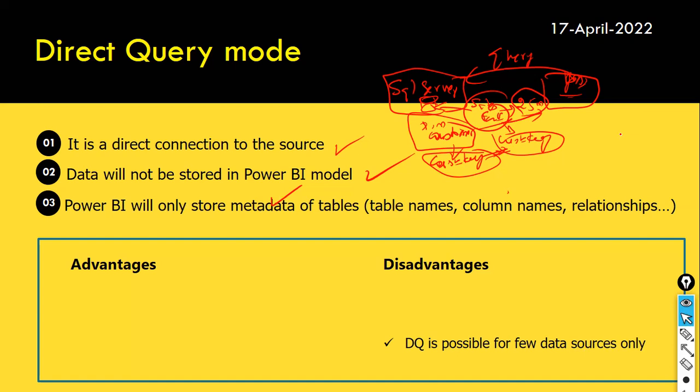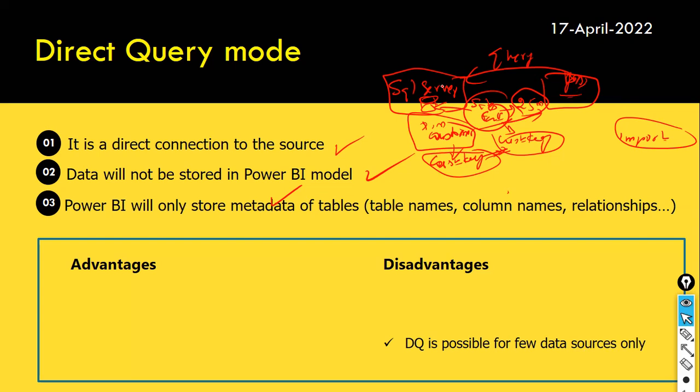Then don't go for import, because it requires more storage space in your Power BI, and it takes longer to load the data. Rather, use the direct connectivity mode. You use the data wherever it is, and I simply create my visuals.